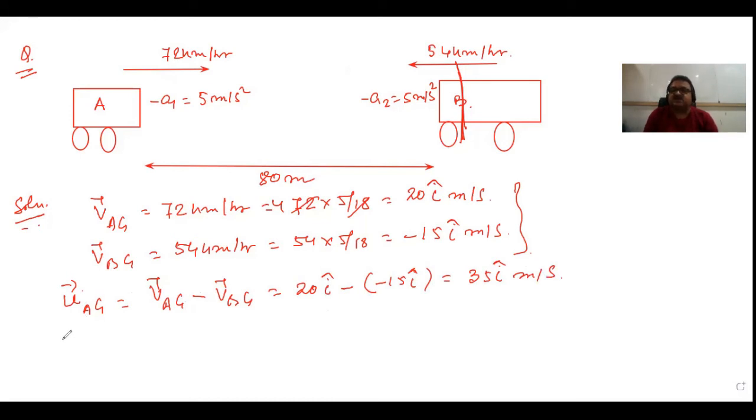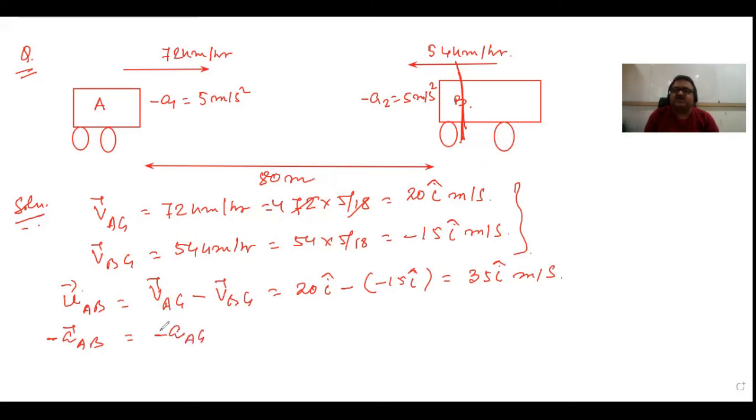Now, what is the retardation of one with respect to the other? Acceleration of A with respect to B; let me write it as retardation, so with a minus sign. It is moving in the forward direction, with respect to ground.